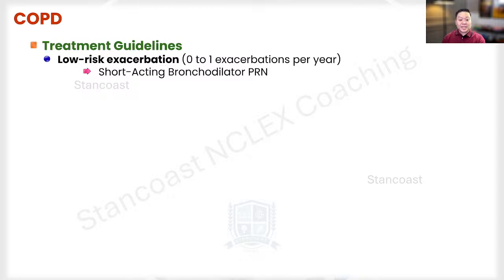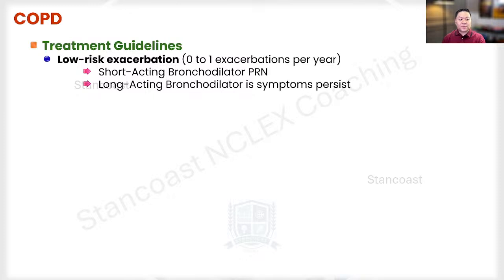Please recall that this albuterol will act quickly to relax the smooth muscles around the airways, and this is something that is going to be administered when the patient experiences increasing breathlessness. So the albuterol is intended for acute relief of dyspnea or breathlessness.